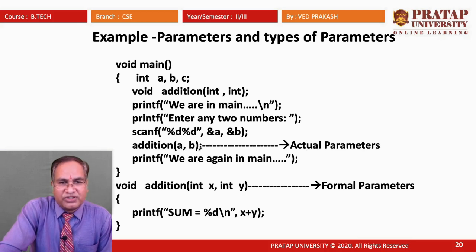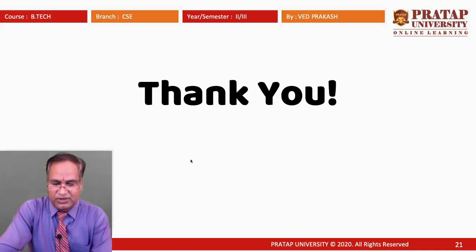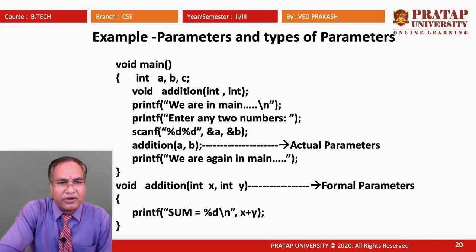When we make the function call, the control is transferred to the called function. The parameters passed in this called function are known as formal parameters. So the actual parameters send their copies to the formal parameters. Here the actual parameters are a and b, and the formal parameters are x and y.